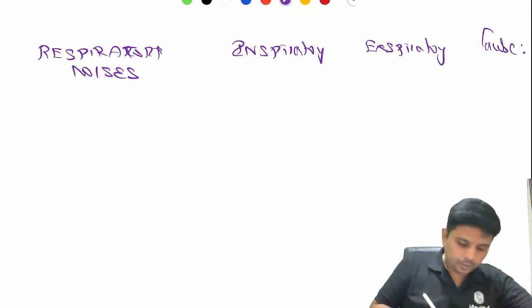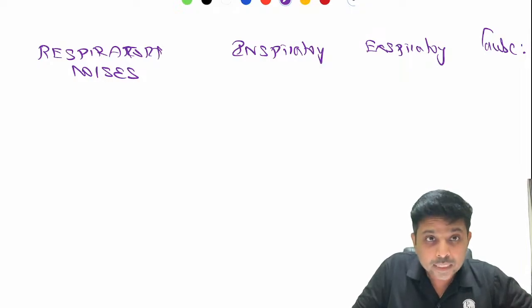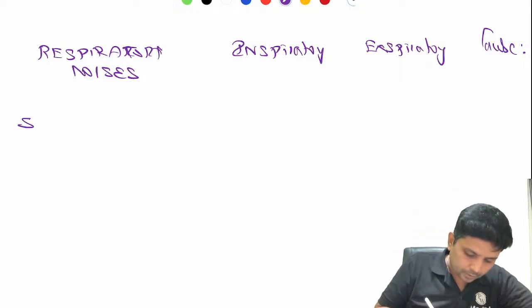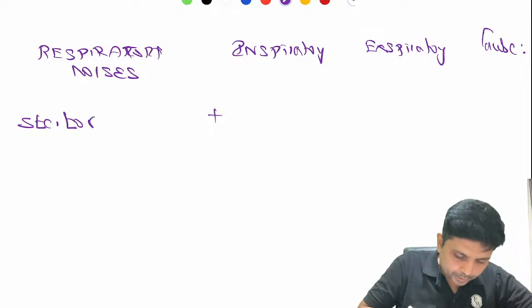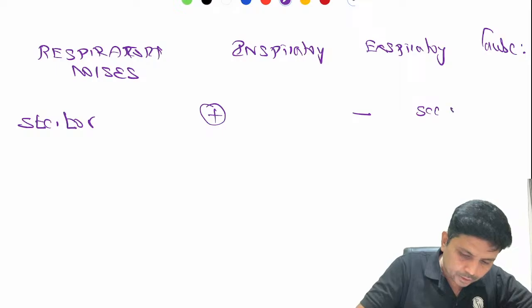The first sound is called stertor. It is inspiratory and it occurs due to secretions in the nose.